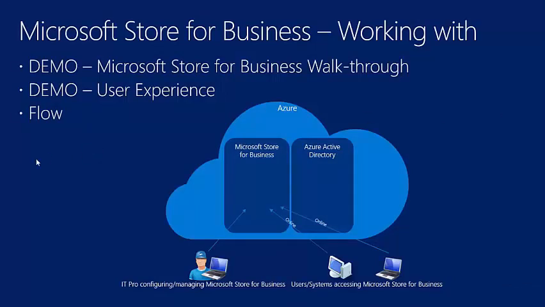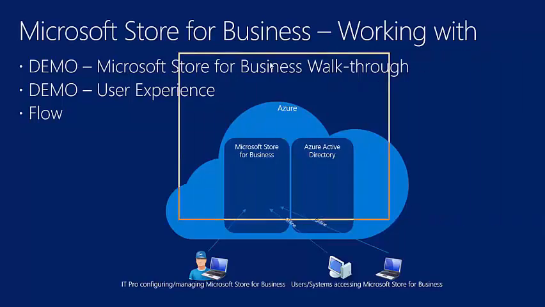Okay, so that's the walkthrough. Now, what about the user experience, right? Whenever you have a user on their PC wanting to access the store for business, there's a couple of different controls that we have. Let me pull in my test PC, and I'll just use my corporate PC for this one. So I went ahead and launched my store for business on my corporate PC, and let me just pull that in.